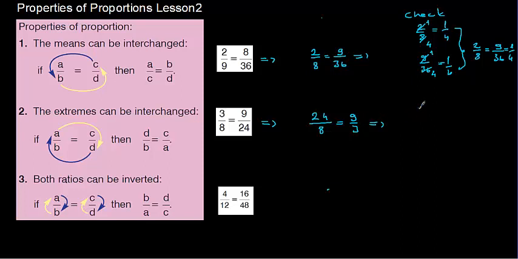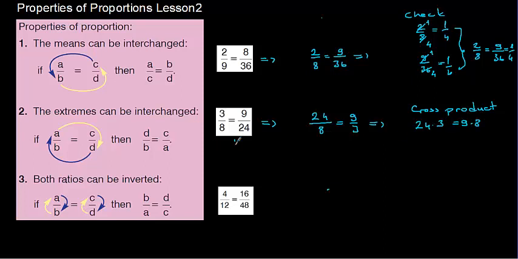But I want to add something extra here, the cross product. The cross product of this operation is 24 times 3, and on the other side, 9 times 8.